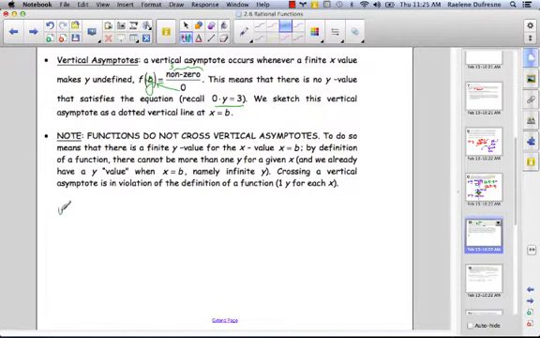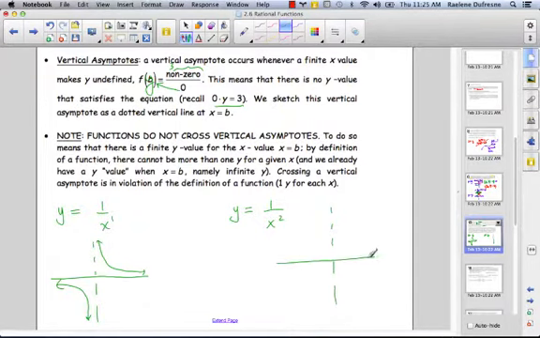So depending on whether we have a vertical asymptote with odd behavior, like x to the 1 here, or a vertical asymptote with even behavior, like y equals 1 over x squared, we may have the left and the right hand limits being the same or different.